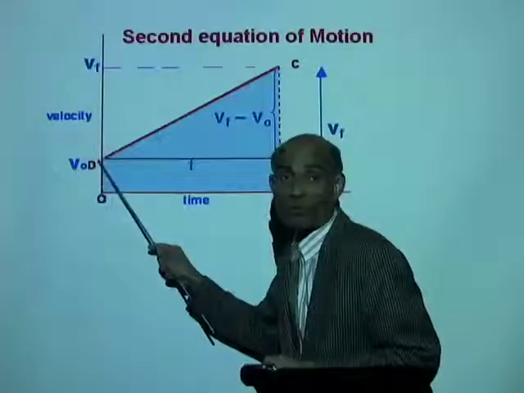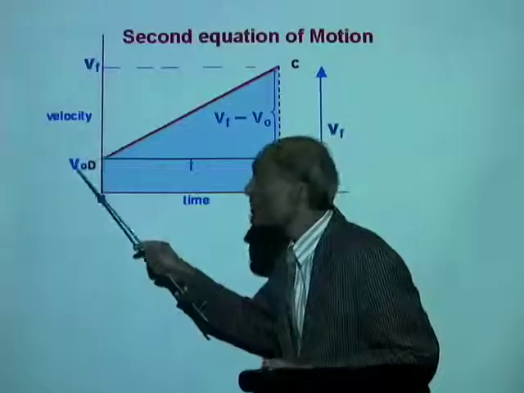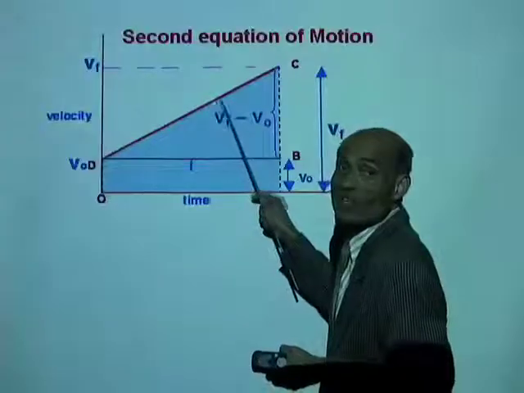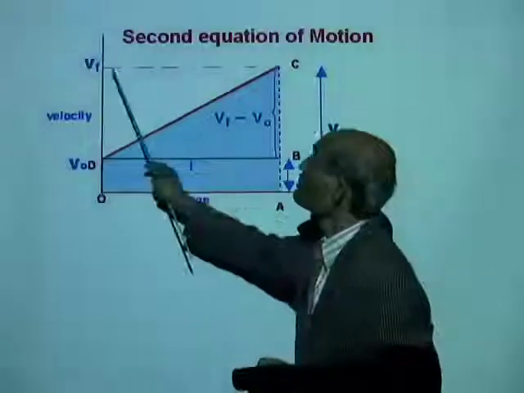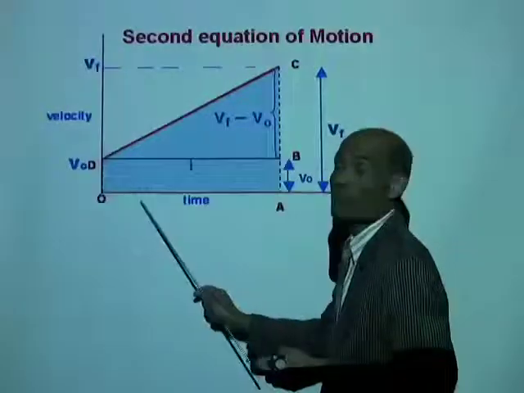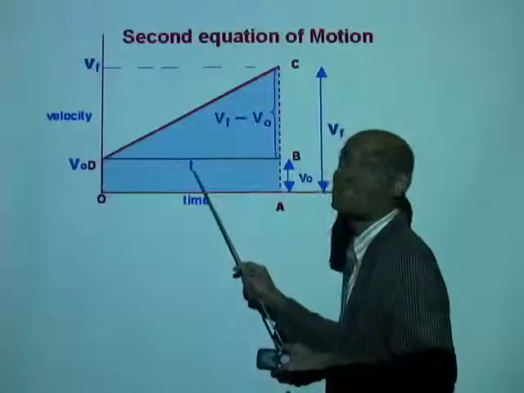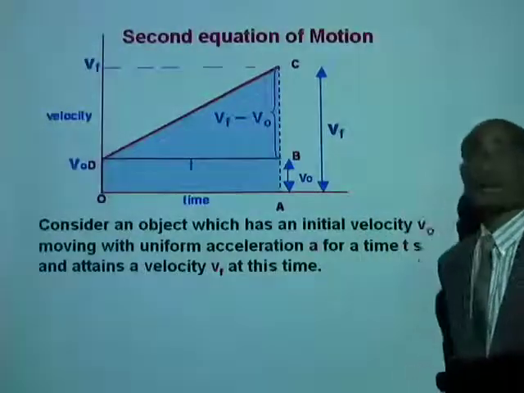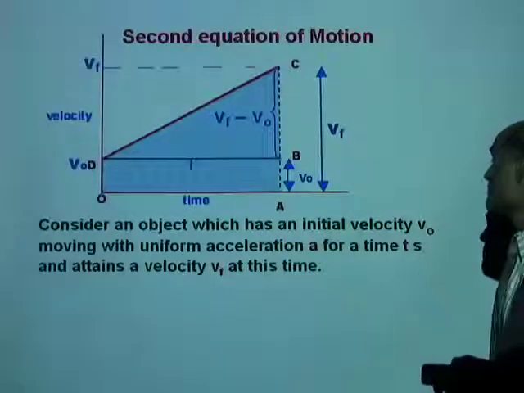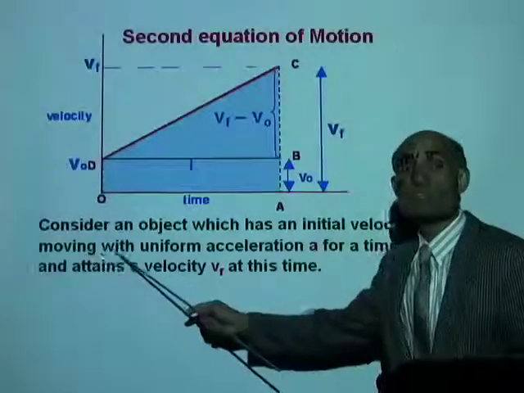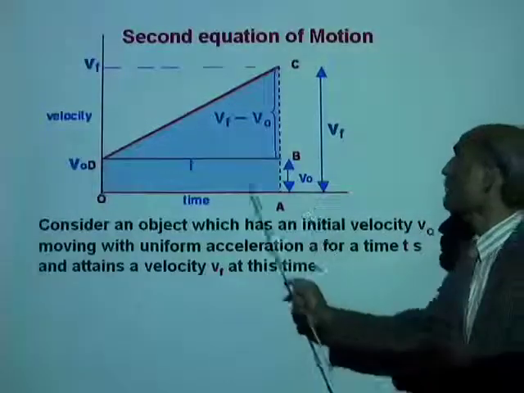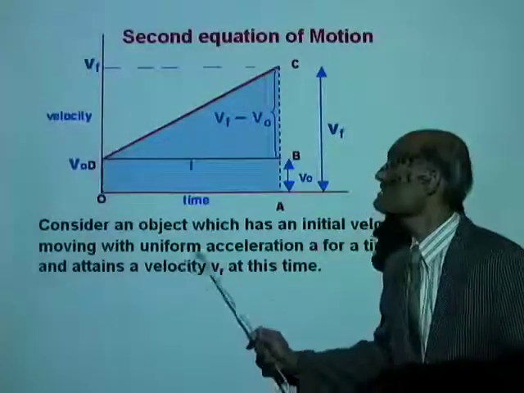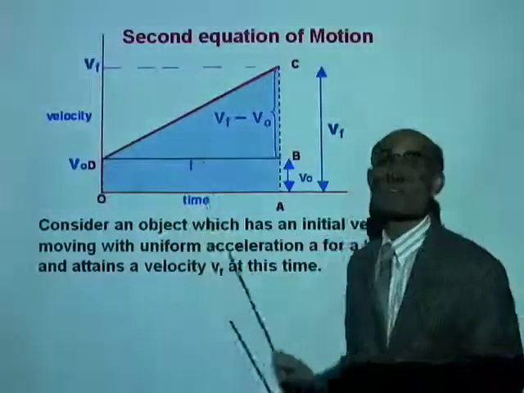You have a particle initially having a velocity V0, and it has a uniform acceleration and it has a final velocity Vf, and that happened during a time interval t. Now consider an object which has an initial velocity V0 moving with uniform acceleration a for a time period t seconds and attains a velocity Vf during that time.